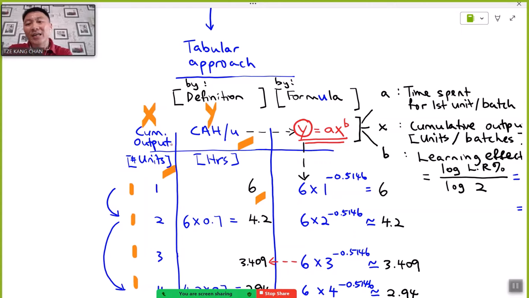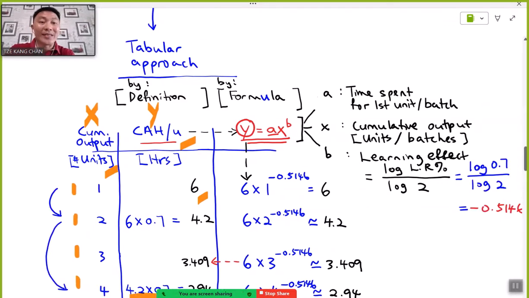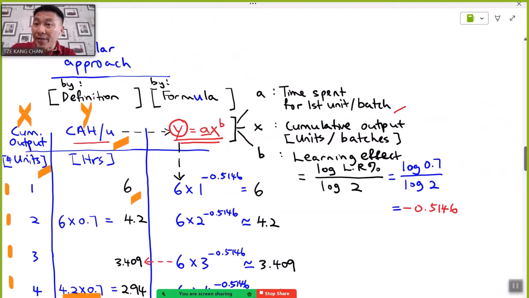Y, as discussed earlier, is the cumulative average hours per unit or batch, whereas a is the constant that represents the time spent for the first unit or batch. Whereas x is the independent variable, on the horizontal axis, as discussed earlier: cumulative output, also measured by either units or batches.